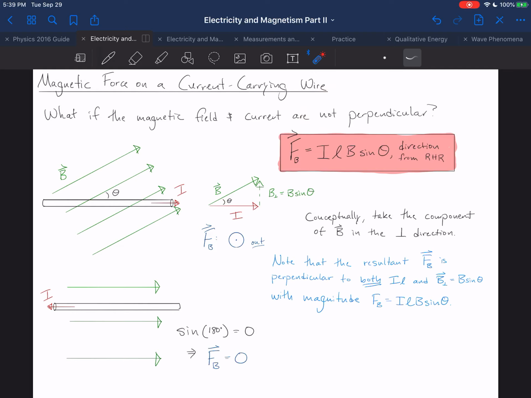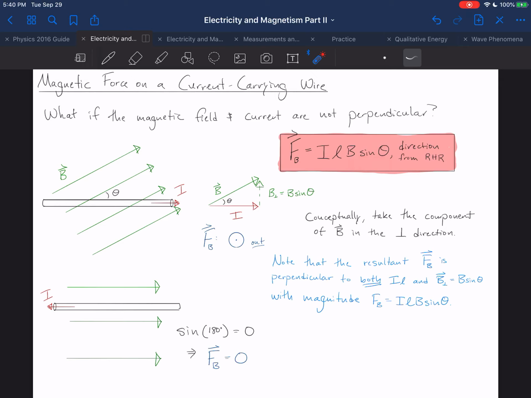How do we figure out what direction the force should be in? The answer is to draw it out. Draw out your magnetic field and your current at some particular angle theta. Notice that the magnitude of the force will be reduced by this sine theta term, which we've already discussed.